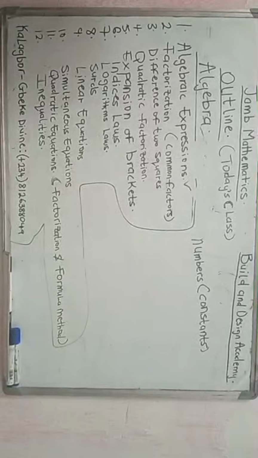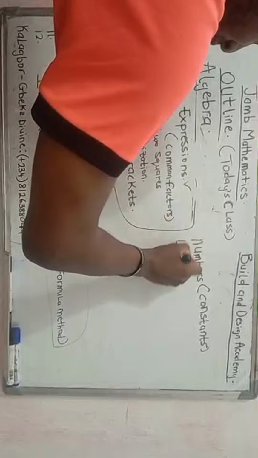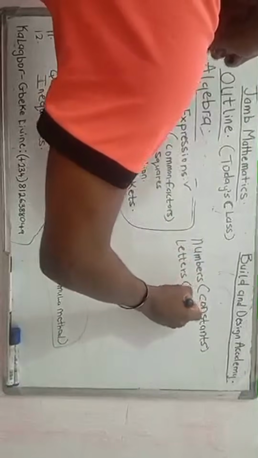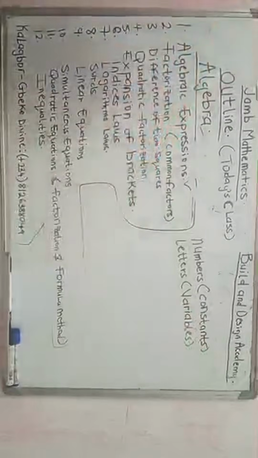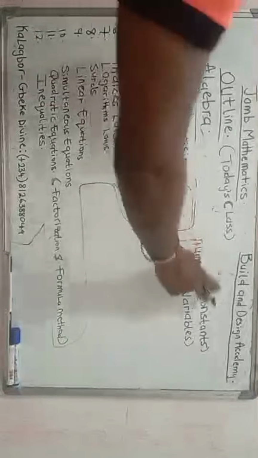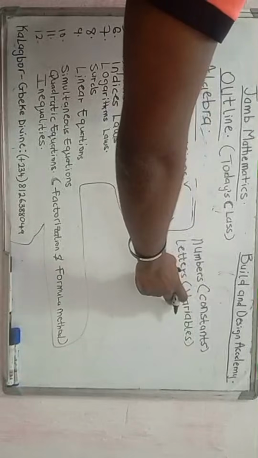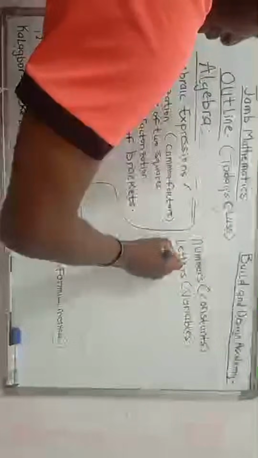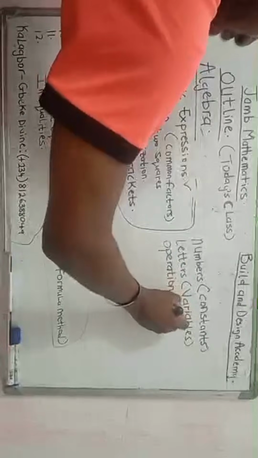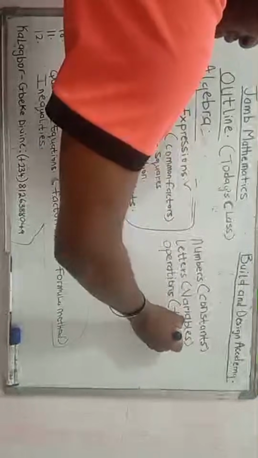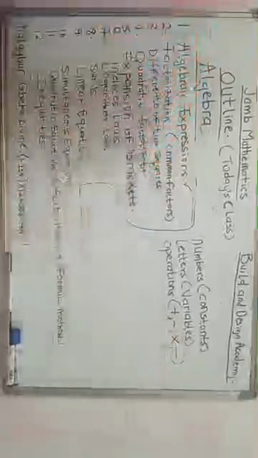It's also a combination of letters, also known as variables. So an algebraic expression is a combination of numbers, letters known as variables, and operations. When we talk about operations, we're simply talking about addition, subtraction, multiplication, and division.